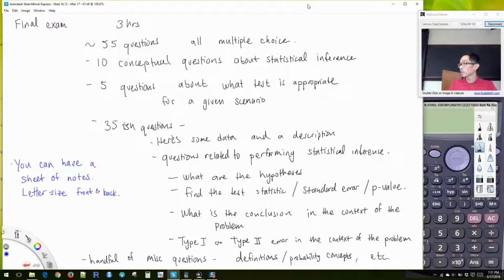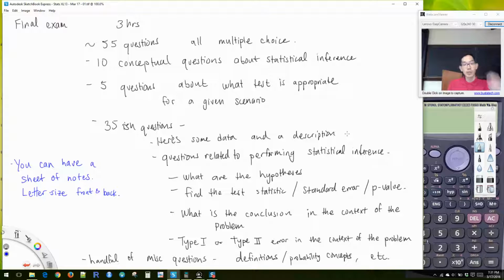So does the final emphasize more the stuff that we covered after the midterm? Yeah, this is the breakdown of the final. I think after the midterm was where we really got into statistical inference.